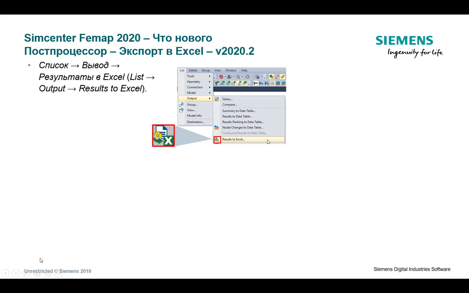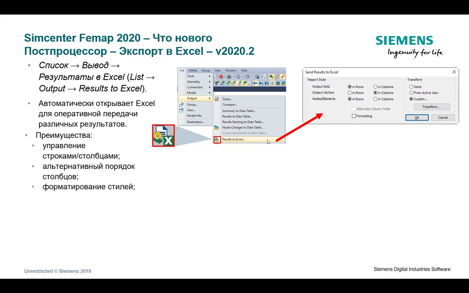Building upon the automatically connect to Excel functionality added to version 2020.2, we have the list output results to Excel command. Much like the other features that now automatically communicate with Excel, this command allows you to automatically open Excel and transfer a variety of results very quickly.